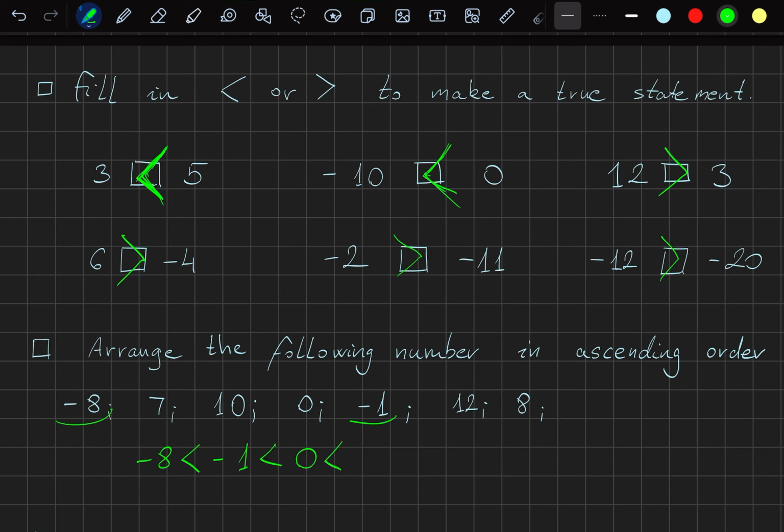As you can see, these are whole numbers, so later we will work with fractions and decimals too. But right now, it's 5, 7, 8, 10, and 12, the last one. We used all the numbers and they are following each other.